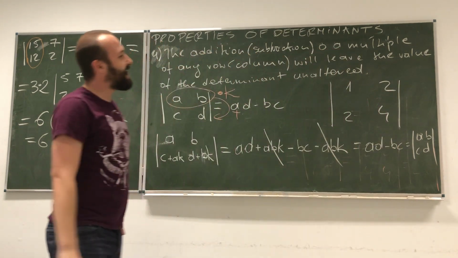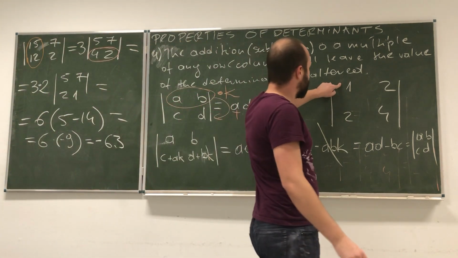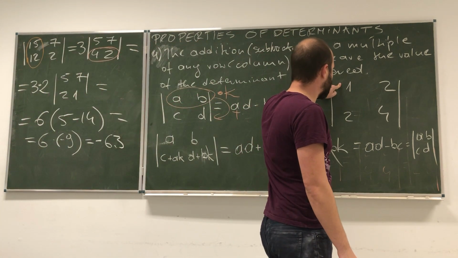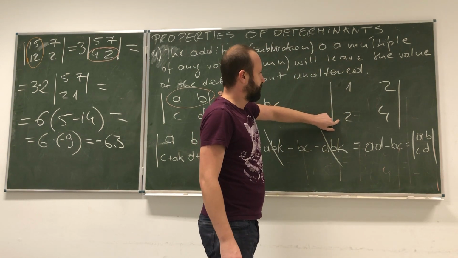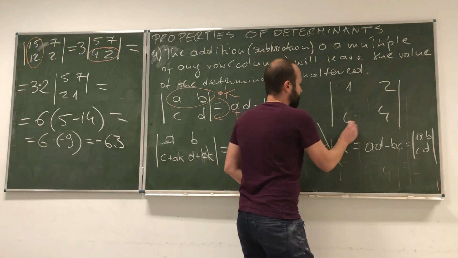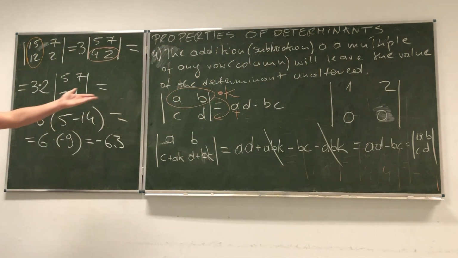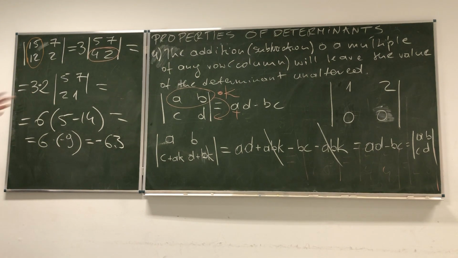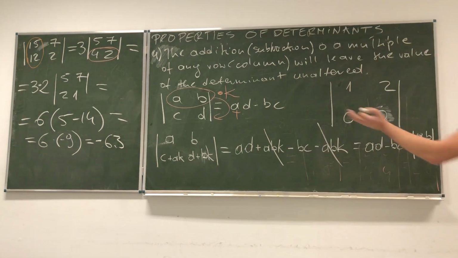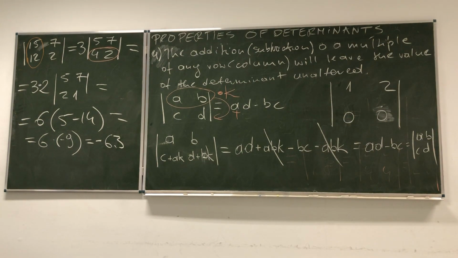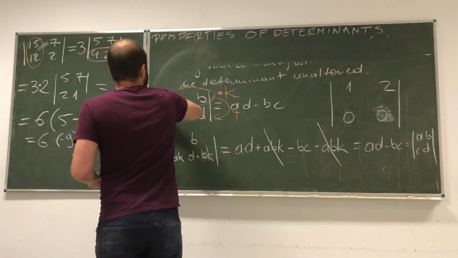Now look, if I multiply this row by 2 and subtract it from this row, what will I get? And of course, right away, we can see what the result of calculation will be, because if we have either a full row or full column of zeros, the result must be 0.